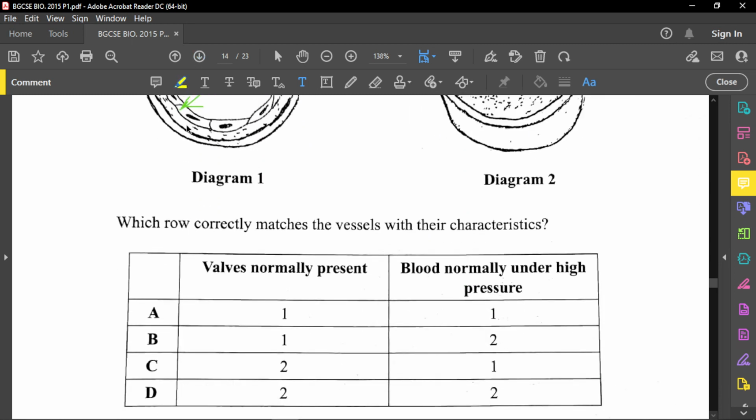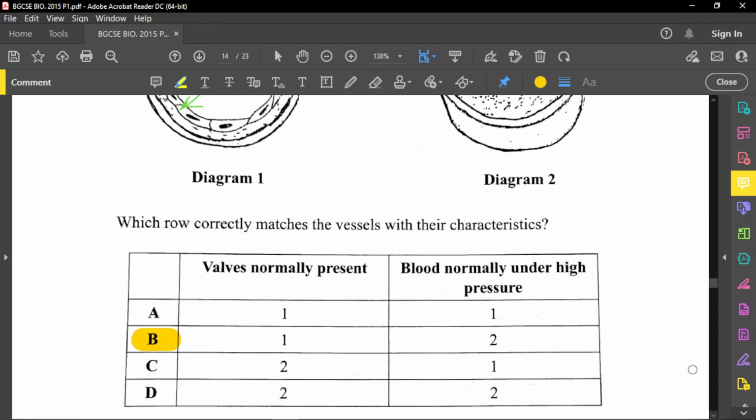In 1, which is vein, valves are normally present, which is true. Blood pressure is normally high, which is not true for veins, as they have lower pressure. So B says valves are normally present in veins, correct, and blood is under high pressure in arteries, which is correct. So B will be our option.